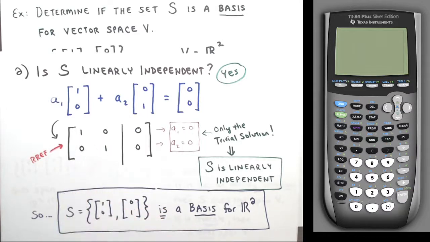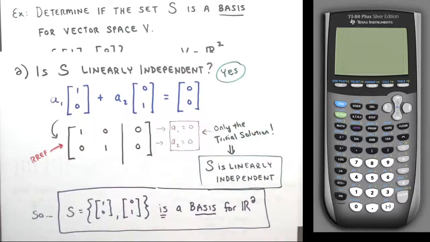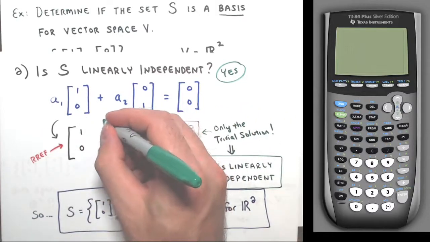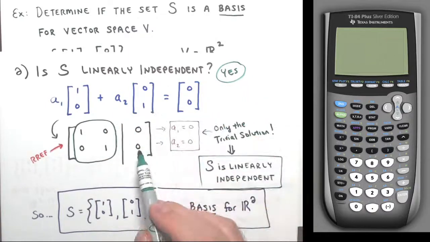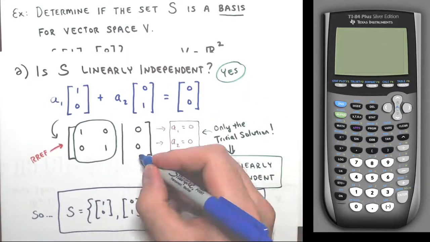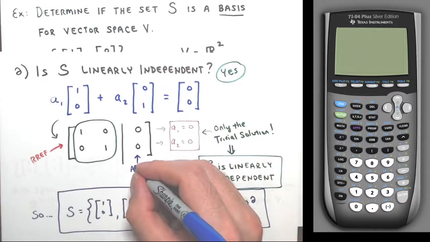It's already in reduced row echelon form. Again, all I really have to focus on is the coefficient matrix when determining independence, because the side of the bar with all the zeros is always going to be zeros, no matter what row operations you do.